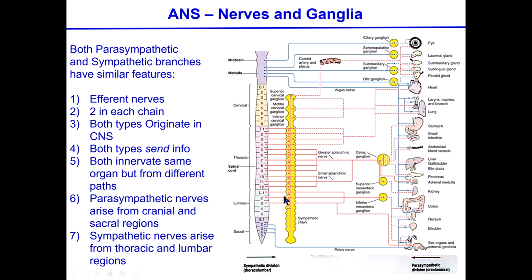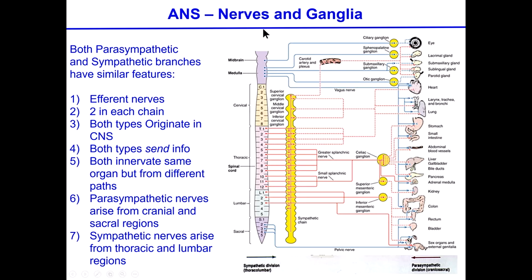So let's look a little bit more in detail, and here is where the ganglia are going to start showing up. All right. I hope that you can see that there are two different colors in here, the blue ones and the red or pinkish ones, and the full lines and the dotted lines. These actually correspond to different things.